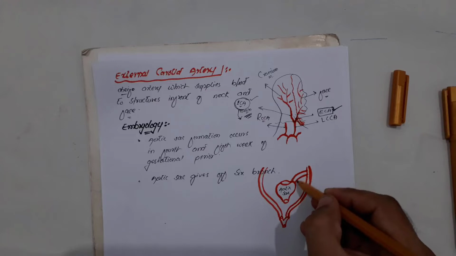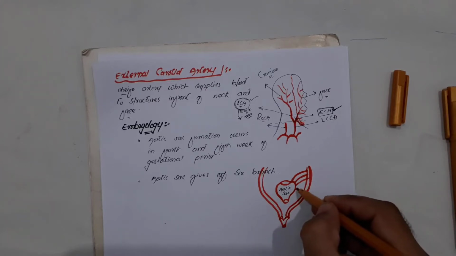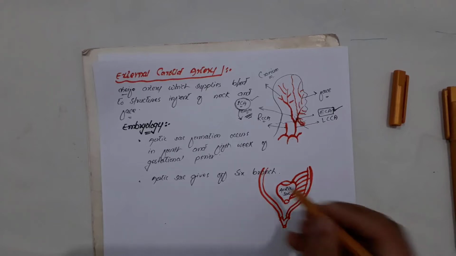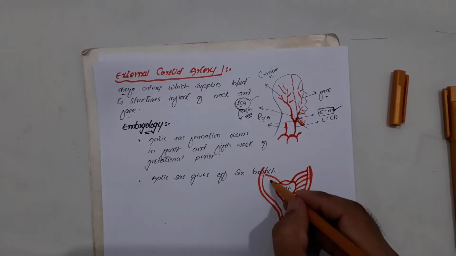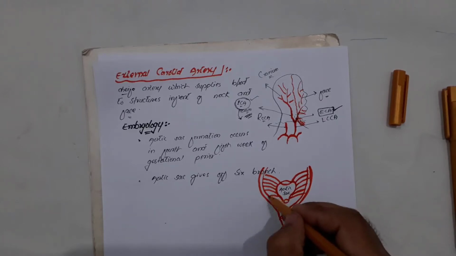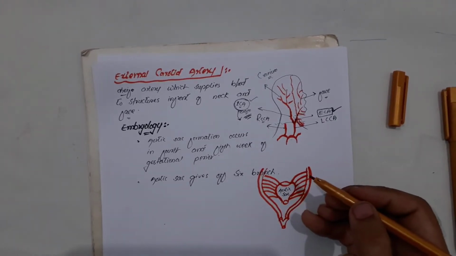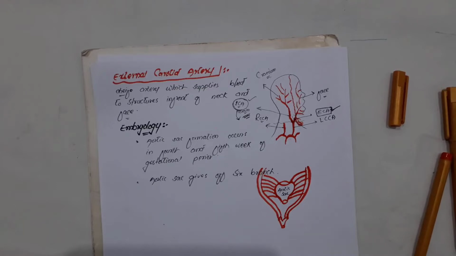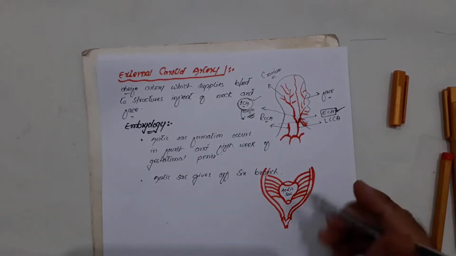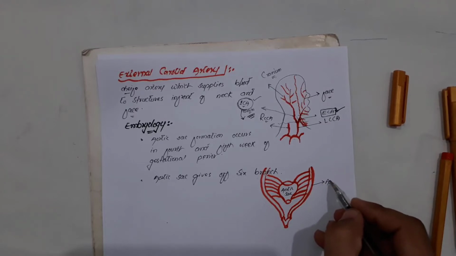This is the second branch, third, fourth, fifth, and the sixth branch, and all of them are present on the left side also. 6 branches arise from this aortic sac, and they connect to the aortae.